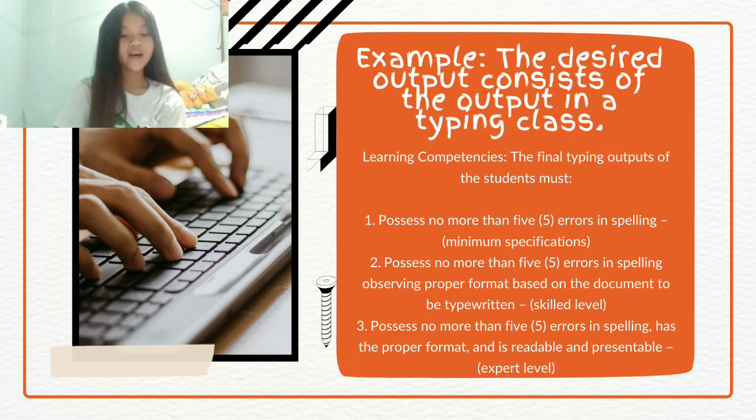Second, possess no more than 5 errors in spelling, observing proper format based on the document to be typewritten, which is the skilled level. Third, possess no more than 5 errors in spelling, has the proper format, and is readable and presentable, which is the expert level.